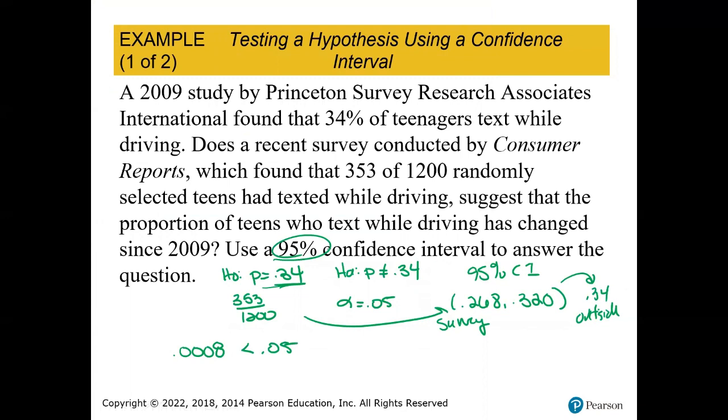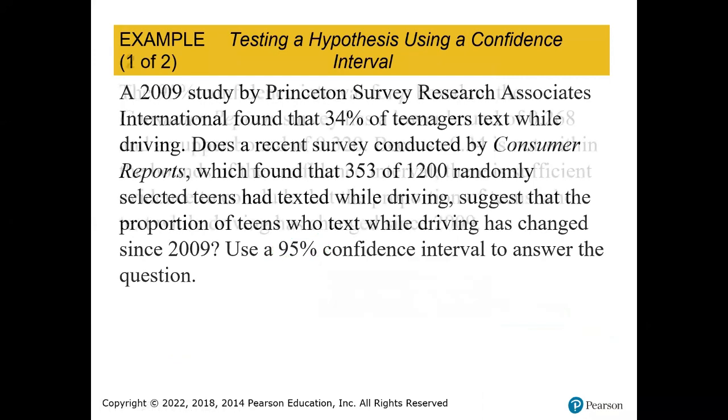They work together. In a not equals, we check to see if our status quo value is inside of our CI. If it is, we can't reject. If it's not, we can. So same thing here, it proves that we have a small enough probability value that we can reject the null.